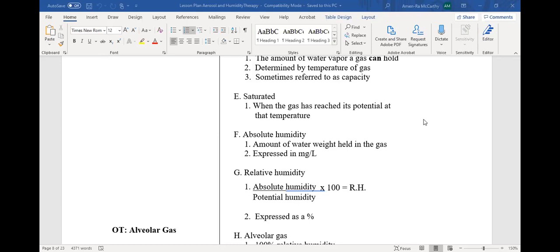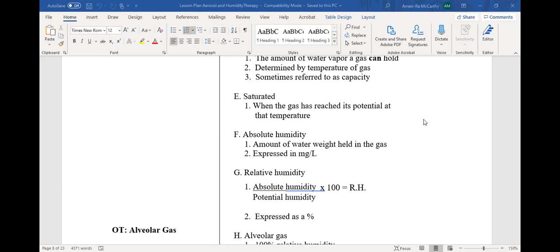What if I said a gas has the potential of 100 milligrams of water and it's only holding 25 milligrams? 25%. So you're doing the formula: absolute over potential times 100. But what if I said it has the potential to hold 44 and it's only holding 36? That's when you'll need to make sure you know how to do the formula.